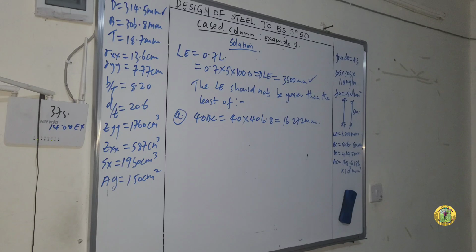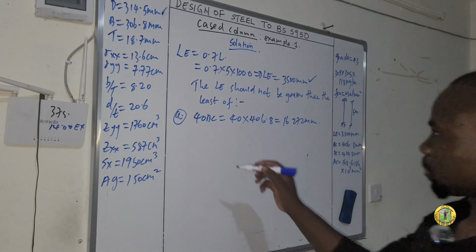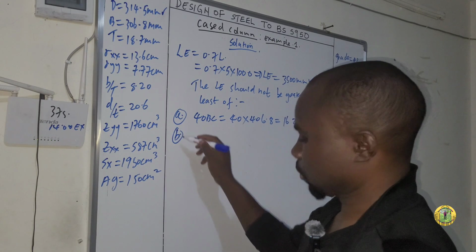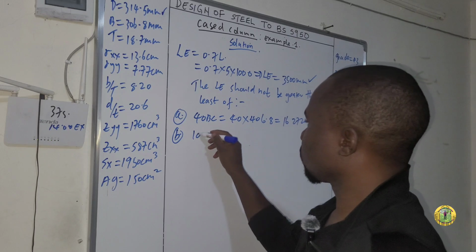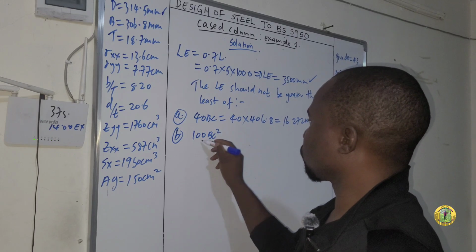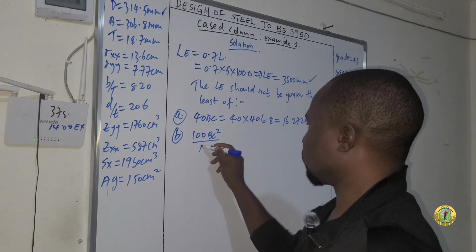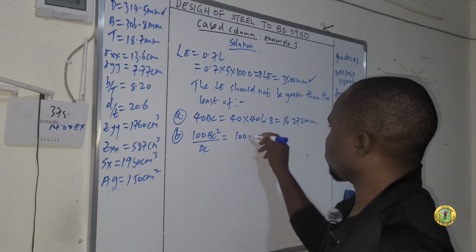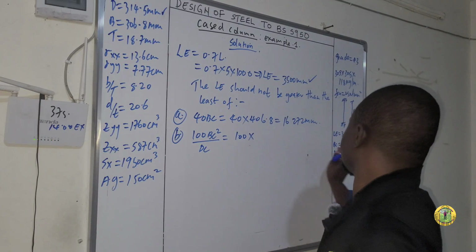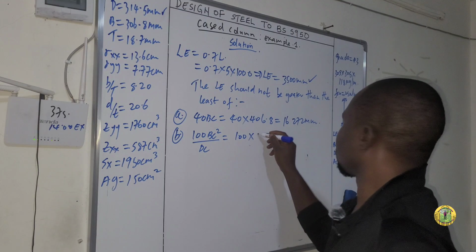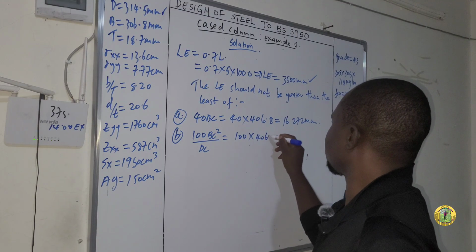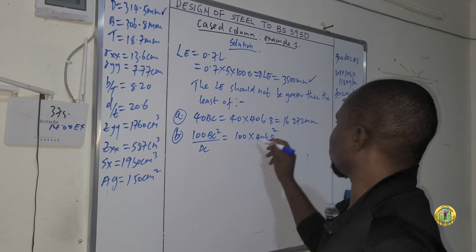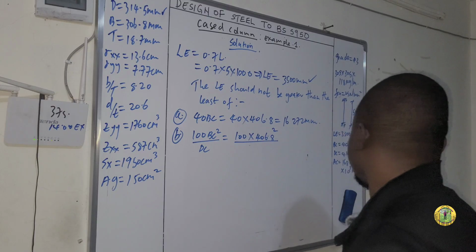The second case, or B, is 100 BC square over DC. So this is equal to 100 times 406.8 square over DC.